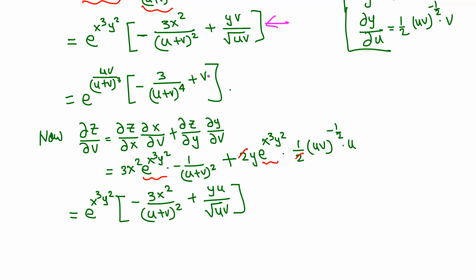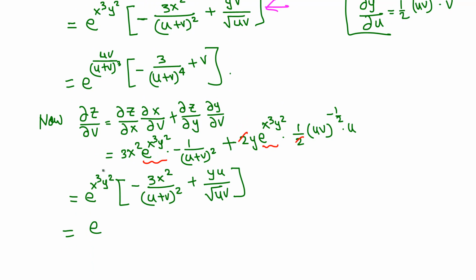This v, now we will have u. So the final answer is just from earlier: e raised to uv over u plus v cubed, e raised to, so inside is negative 3 over 1 over u plus v squared, u plus v, so u plus v to the 4th, plus y over root uv cancels, just u. Final.